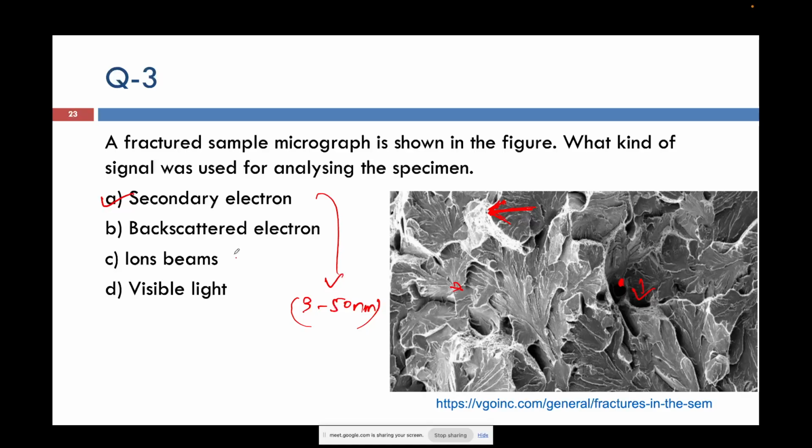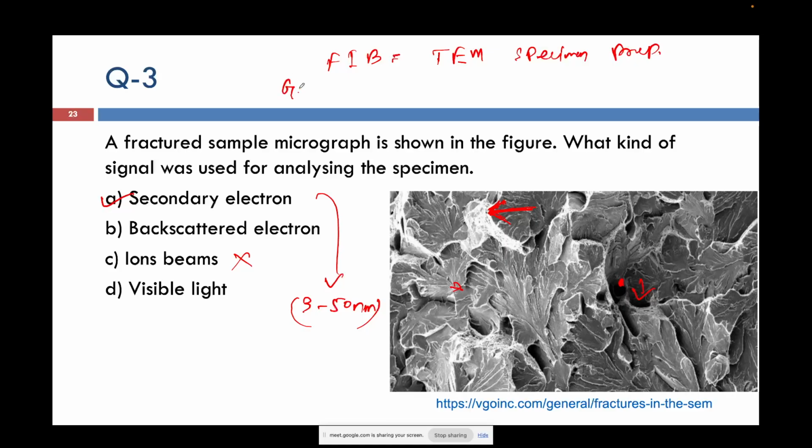So definitely we cannot use the ion beams, because ion beams are extremely powerful, much more energetic than an electron beam. Even if you have, let's say, a ceramic sample or a composite cermet sample, you want your electron beam to fall on your sample, but you do not want the ion beam to fall on your sample. There is a process you will know, called focused ion beam, FIB, which is used to prepare the specimen in TEM specimen preparation.